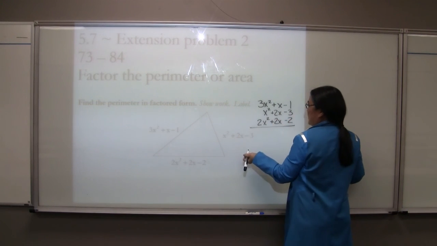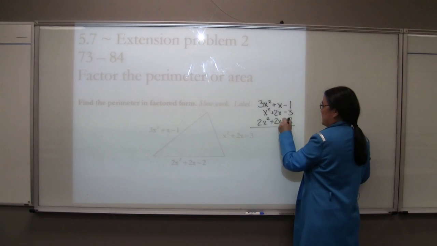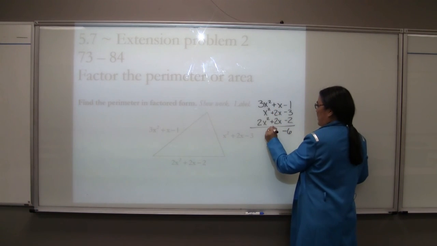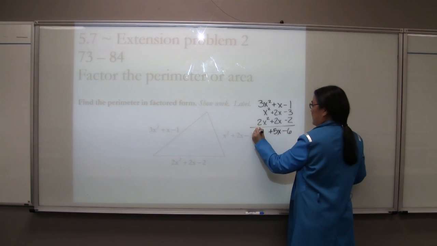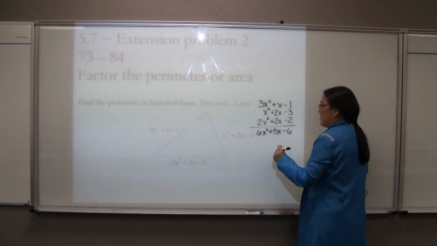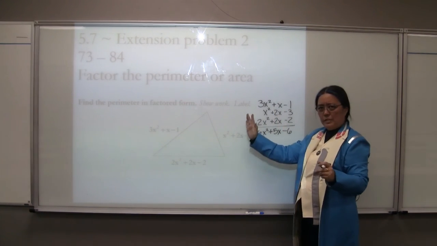And we're going to add them all together. That's negative 6. That's 5x. That is 6x squared. Remember that since we can't actually carry things over, we can start from the left or we can start from the right.